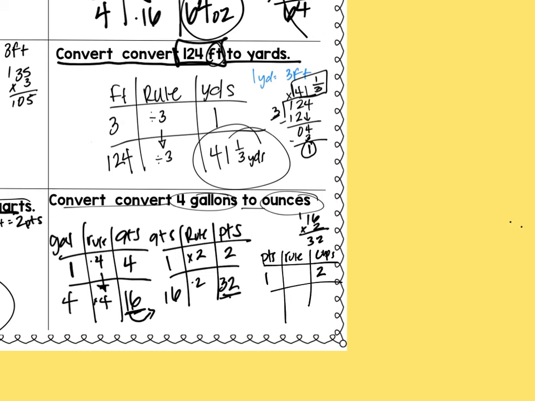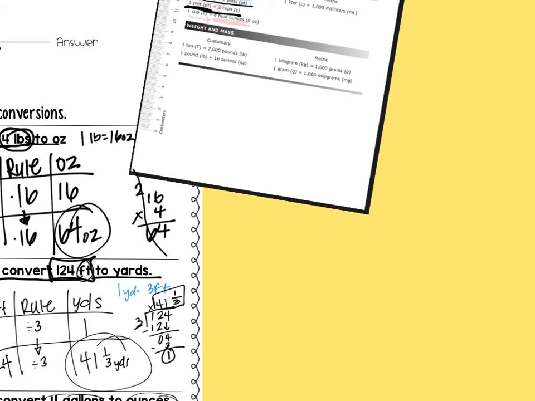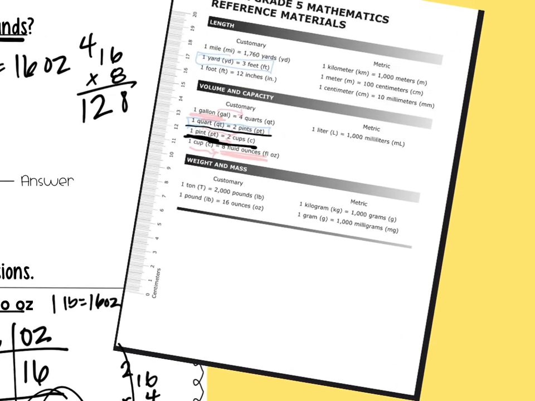So 32 pints is going to go where my pints are. If I am going from 1 to 2, I'm getting bigger, so I'm going to multiply by 2. And 32 times 2 will tell me how many cups I have. That's 64 cups. And now I want to take my cups, and I can finally turn my cups into ounces.